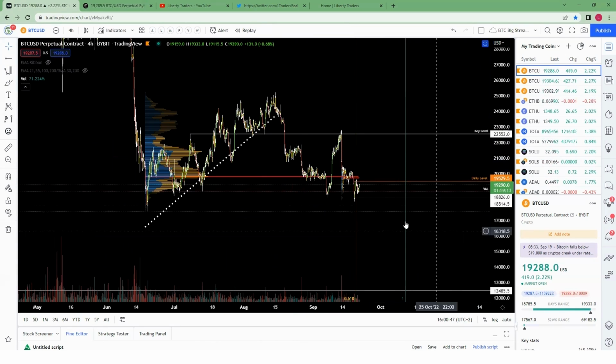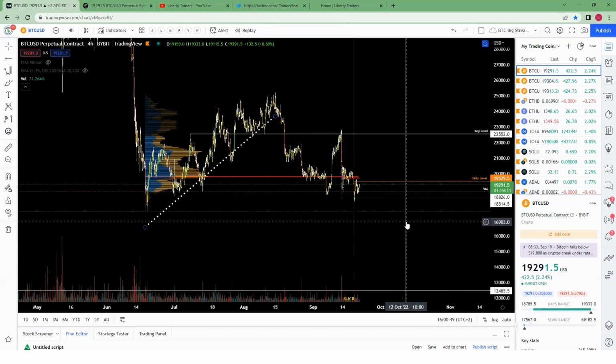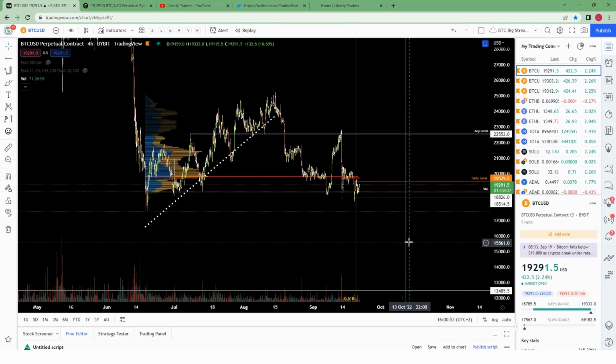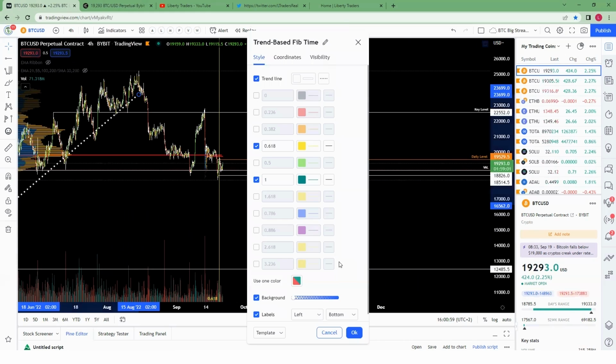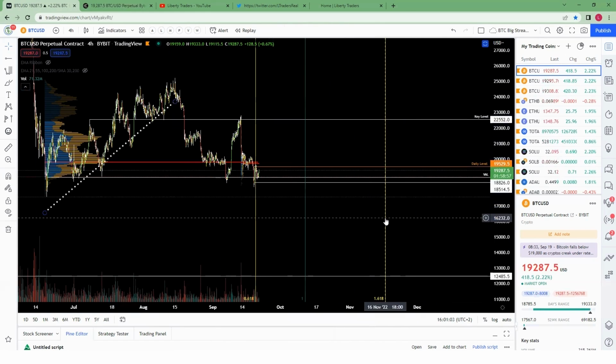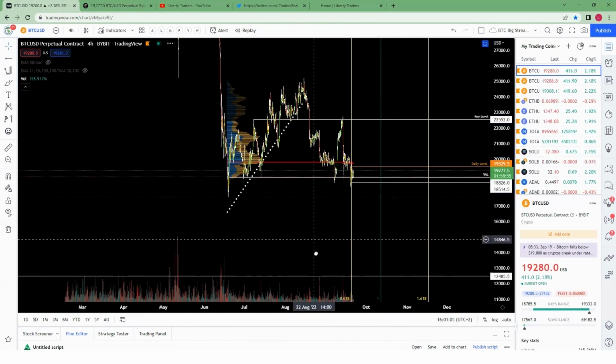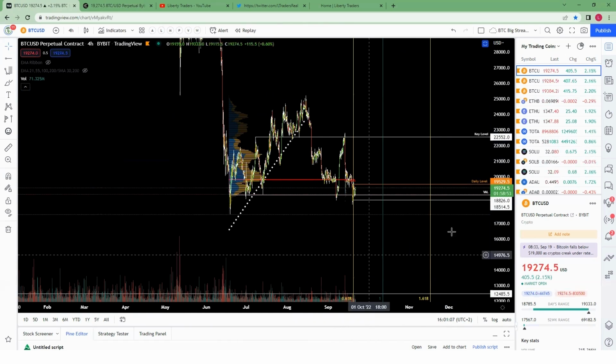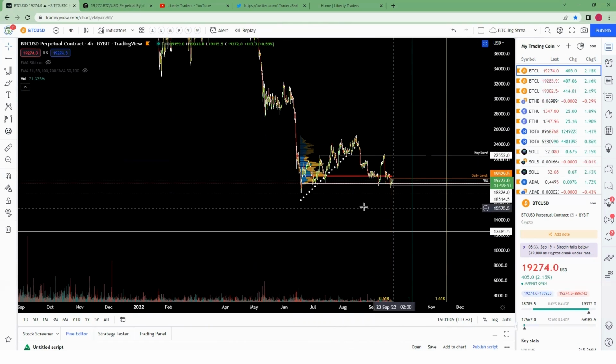But yeah, ultimately the low for the 1-to-1 of this whole correction is looking at the 12 October area. And that's going to be the first section I'll be looking at. I'll also be looking at the 1.618. So it all depends. That's quite far away, 60 November. But not too sure.